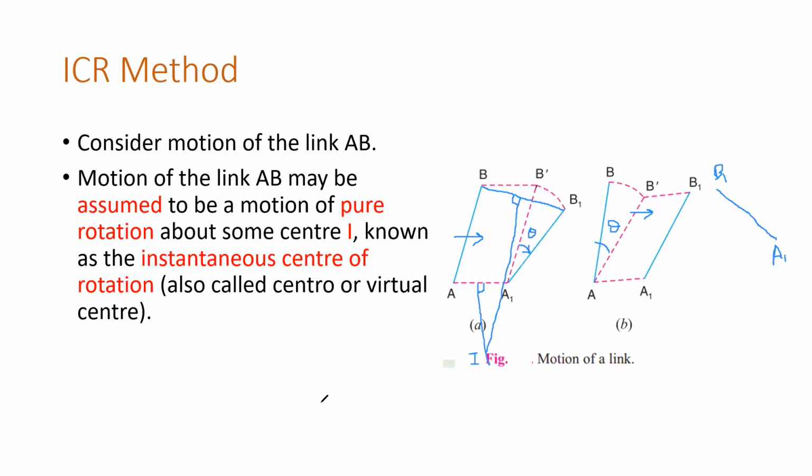Which formula do we use for circular motion? The velocity of any point moving along a circle is equal to radius multiplied by angular velocity, v equals r omega.